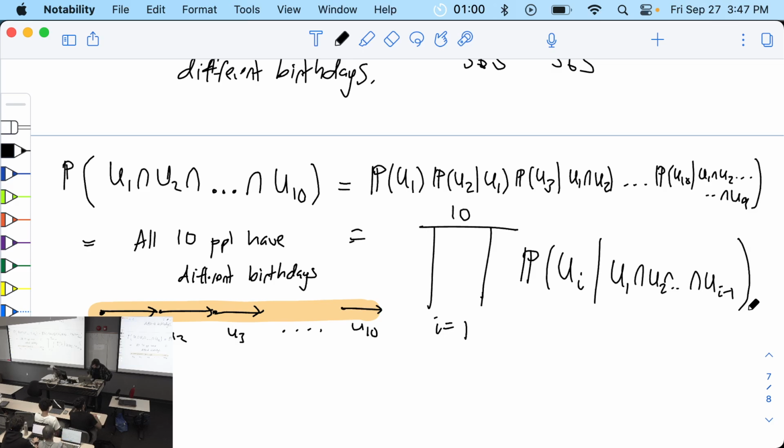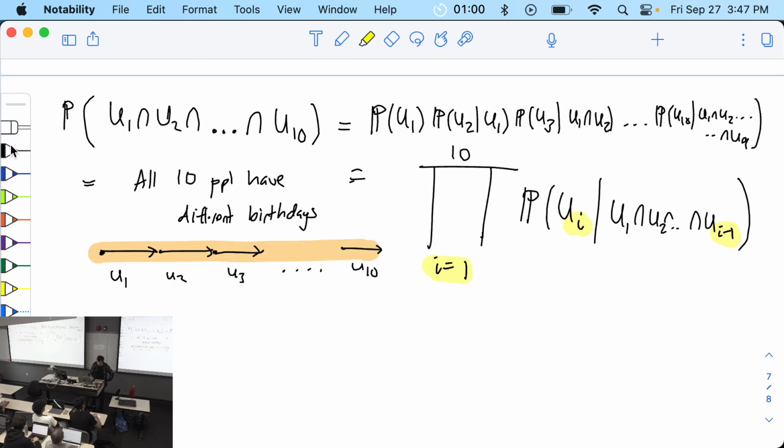So if you want, you can do this. It's like a little counter, like a little for loop that is counting up what we're doing. If you don't like this big scary notation, just write it out this way. It's totally legit. But that might be fun for some of you. Big capital pi. Okay, what is the answer? You can fill in these numbers. It's 1 times 364 over 365 times 363 over 365 times dot, dot, dot.